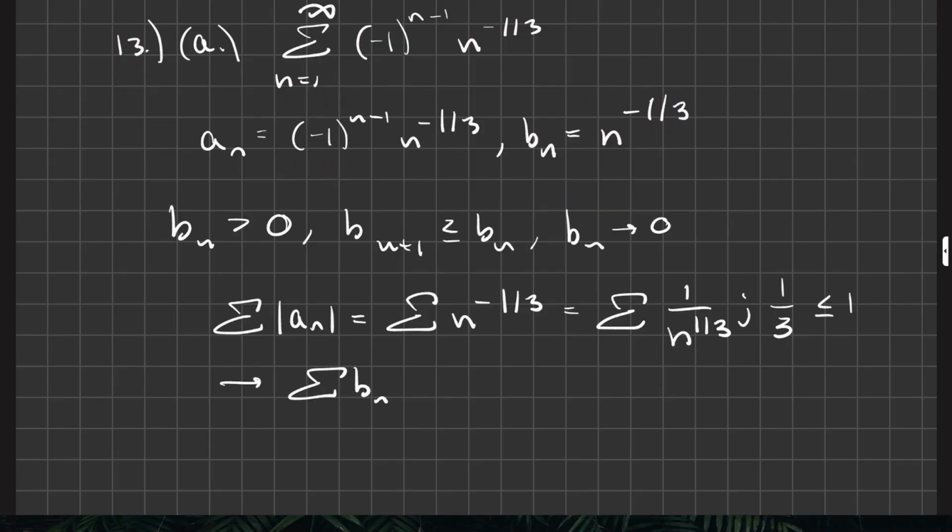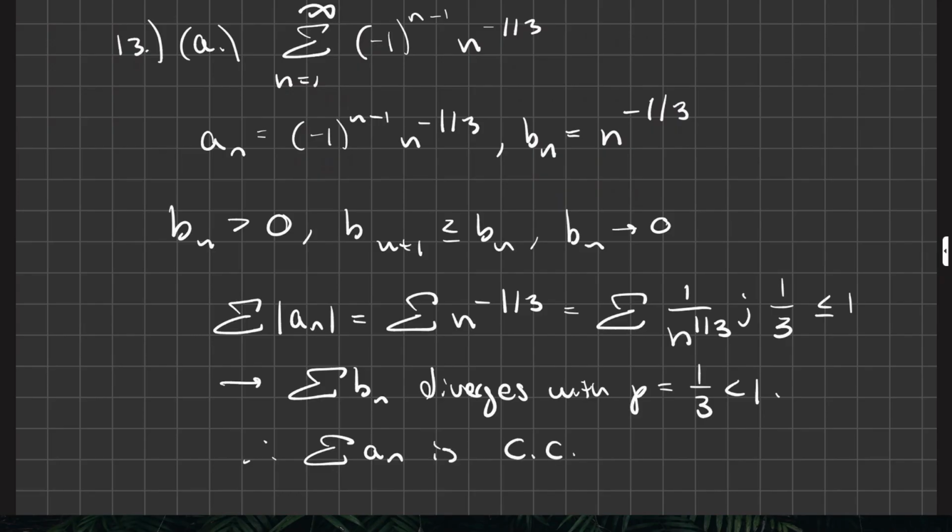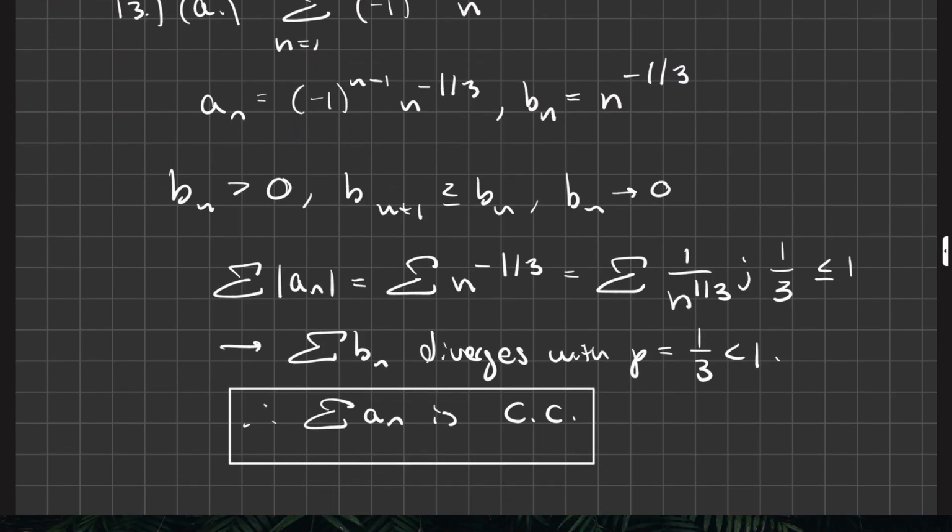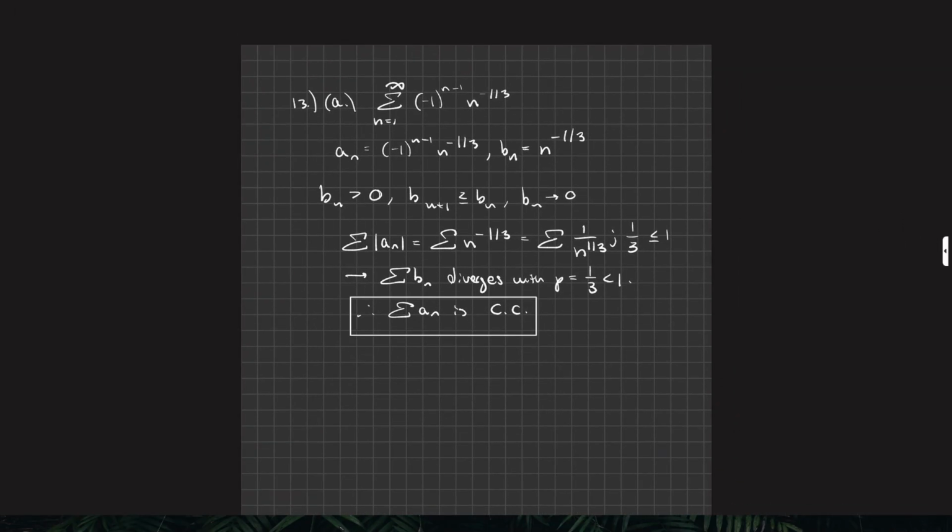Series are sums of sequences, diverges with p equals 1/3. Therefore, the original series, the whole thing, is only conditionally convergent. Right? Because by alternating series test, it converges, but the absolute series does not converge. So we say it's conditionally convergent.